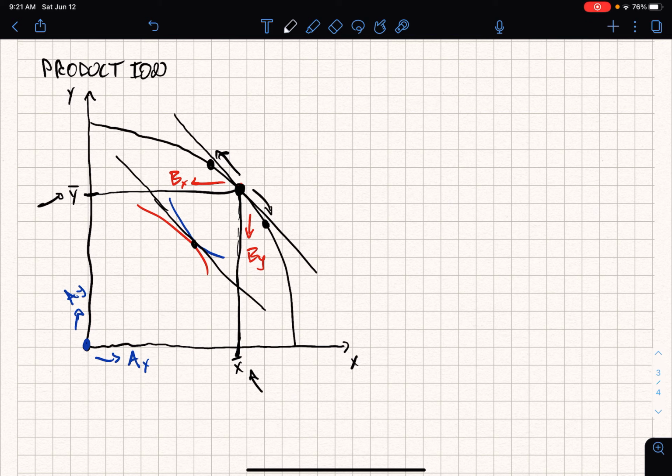And that trade-off for the firm is solved using prices. The prices faced by the firm must be the same as the prices faced by the consumers. And that's captured by the slope.